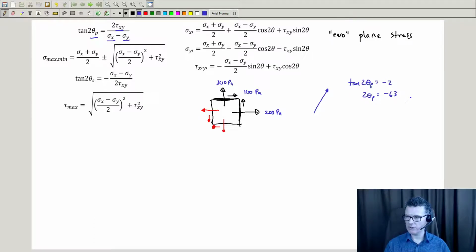And don't forget that you might need to plus 180 for your other axis.